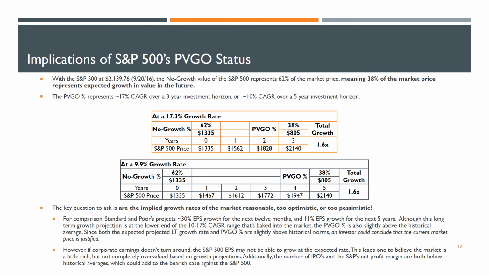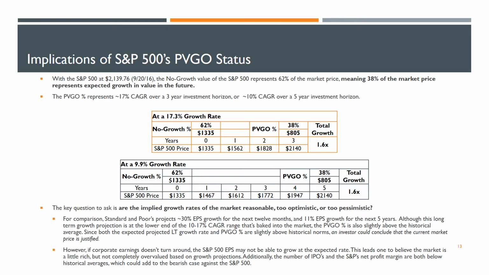Now, at the time of the valuation, the S&P 500 was around 2140, meaning the no growth value of the S&P 500 represents approximately 62% of the market price, and 38% of the market price represents expected growth in value in the future. This PVGO percentage represents approximately 17% over a 3-year time horizon and a 10% growth rate over a 5-year horizon.